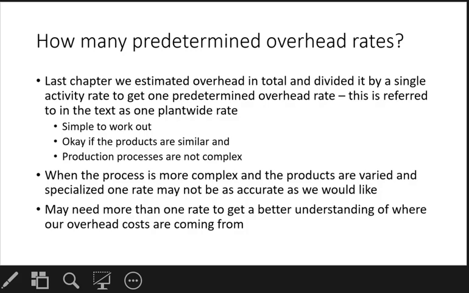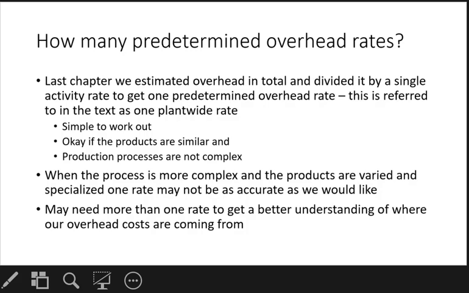But when a process is more complex, when it goes through things for a longer period of time, or it has specialized things and your products are different, meaning one product uses a lot more machines, another product uses more direct labor, another uses more setup time, one rate may not be very accurate, and then you're not going to get a sense of what resources products are using, and what you should come up with for the cost of those to your customers.